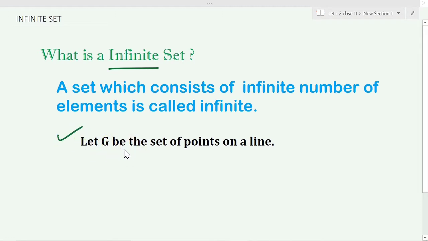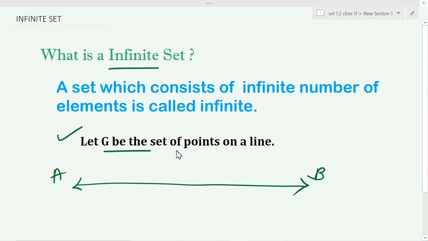Let G be the set of points on a line. So first of all, let AB is a line. Okay, AB is a line. So G is the set of points on a line.